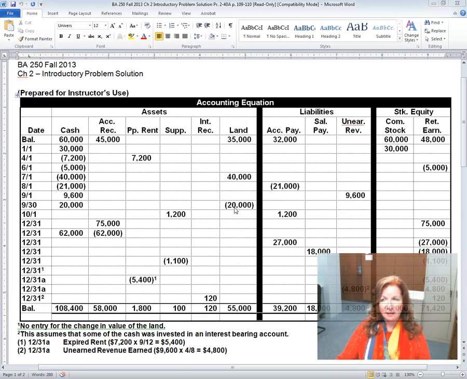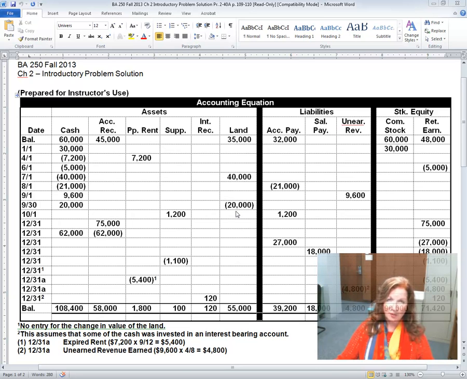Now that positive cash and negative land keeps the accounting equation in balance because it's a positive and a negative, both in assets on the same side of the equal sign. Since I paid $20,000 for this land and I sold it for $20,000, I have no gain or loss to recognize. It's just an even exchange. Sold it for the price I bought it for.